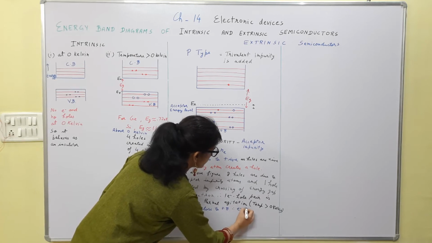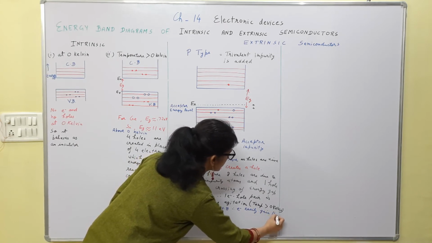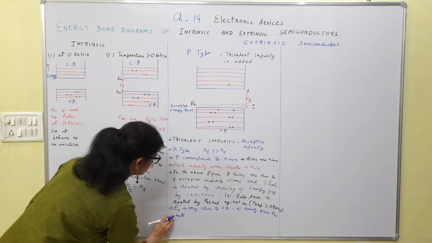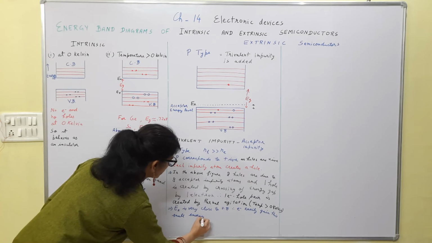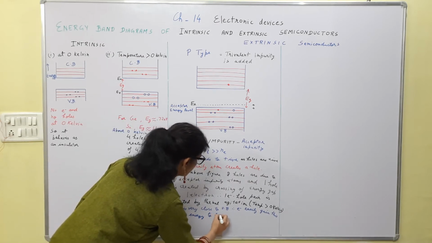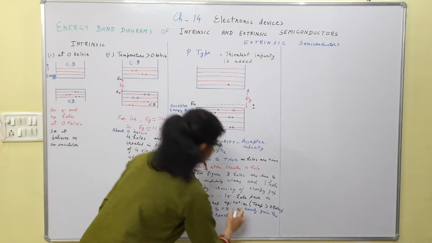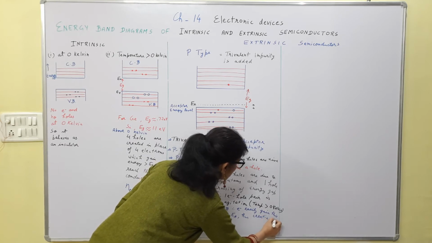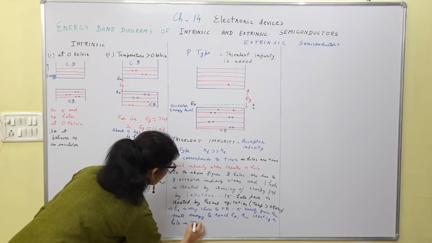Therefore, electrons easily gain this small energy to reach EA, thus creating a hole in valence band.